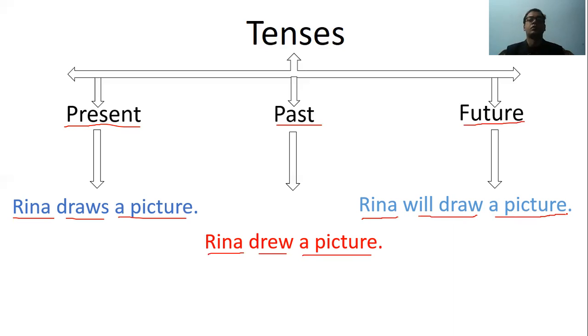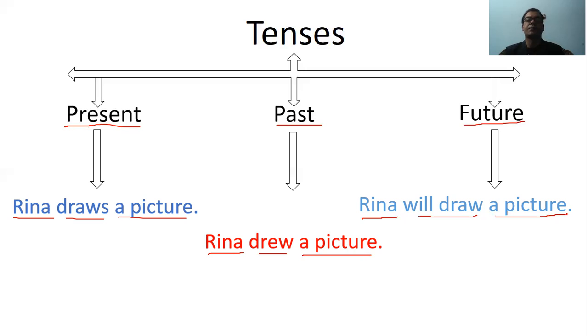So we learn here that tense is mainly of 3 kinds: present tense, past tense and future tense. And we also see here 3 examples. For present tense, Rina draws a picture. Past tense, Rina drew a picture. And future tense, Rina will draw a picture.